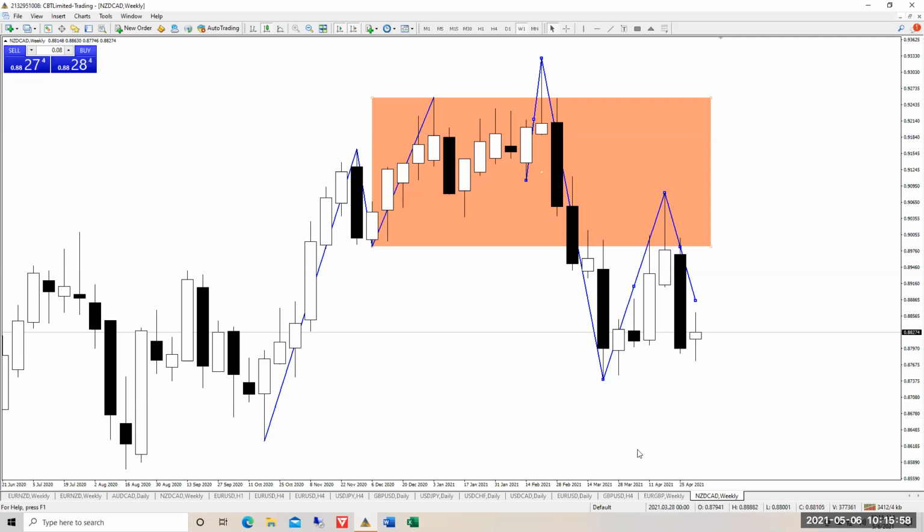So that would be a valid M pattern. In this case, however, we have combined it with the LPO channel, haven't we? The LPO channel being still in place over here, we would be looking only to take trades if our final close, the last close of the last candle, is outside of our LPO channel.